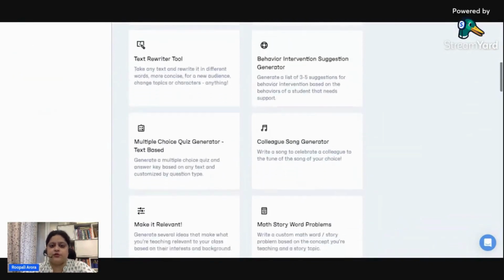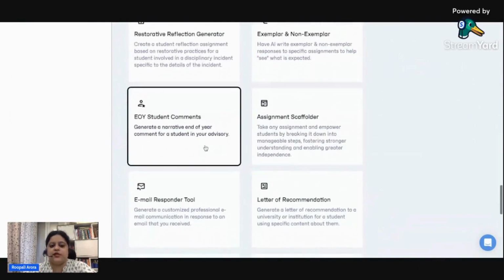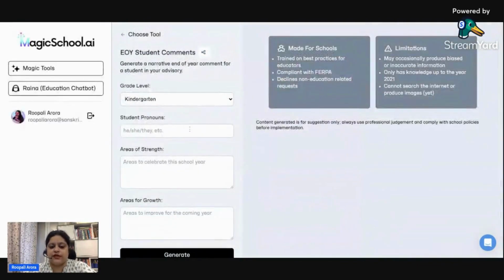Another important tool which is important for us as a teacher is EOY student comments. So when we click on that, select the grade and write the name of the student, say Abhishek. Write the areas of strength.